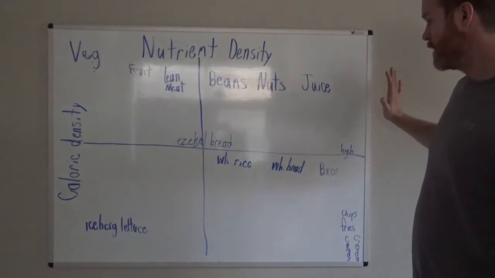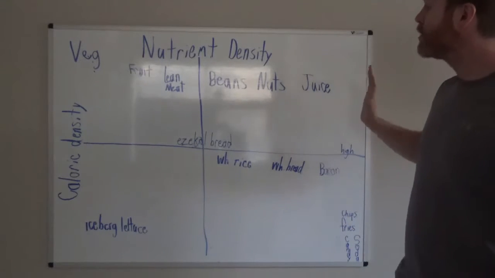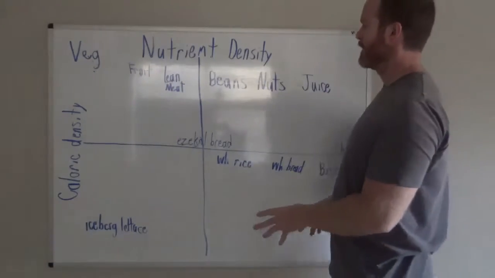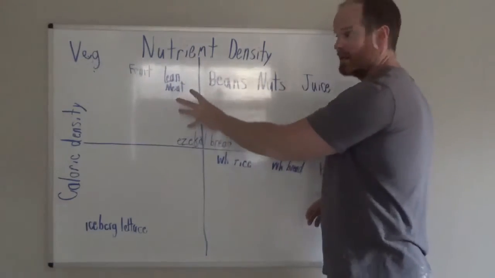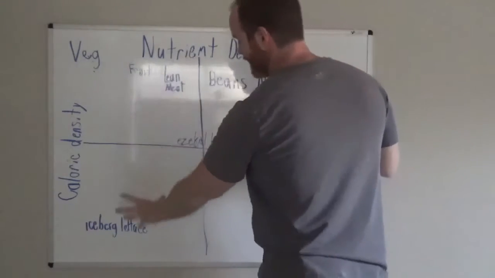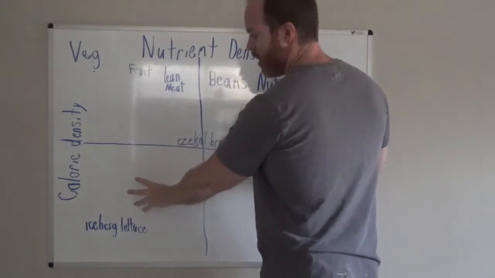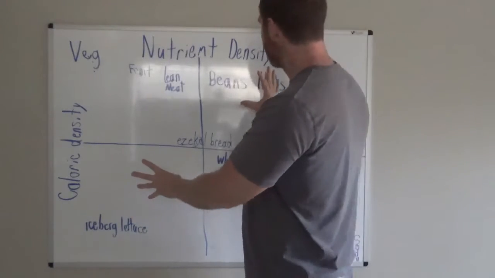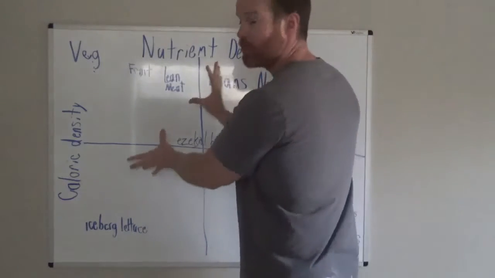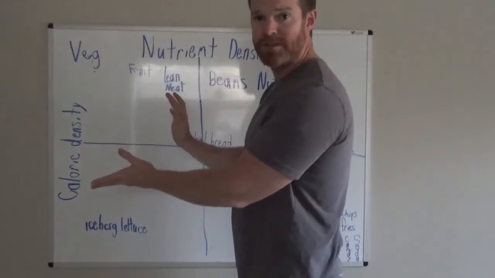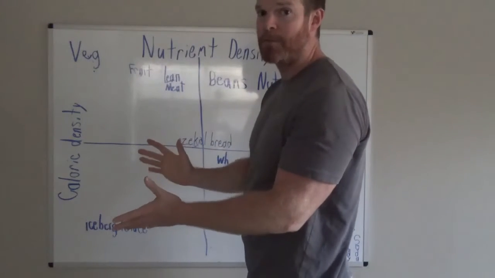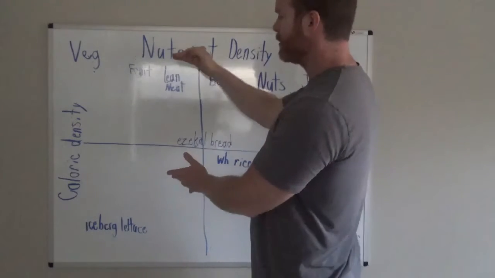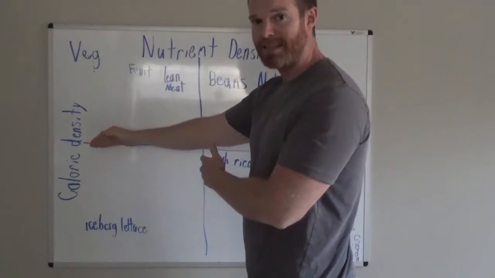Now, here's the big theme, okay? You notice that the things that are up here, or really in any of these parts, are going to be unprocessed foods. If you're eating unprocessed foods, whole foods, foods that look like they just came from a farm, those are going to tend to be high nutrient density and low caloric density.